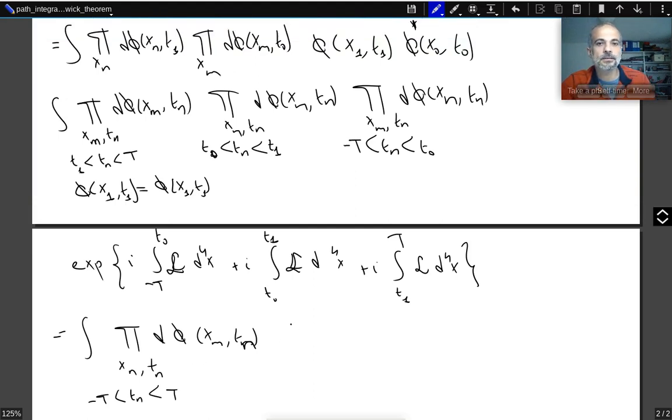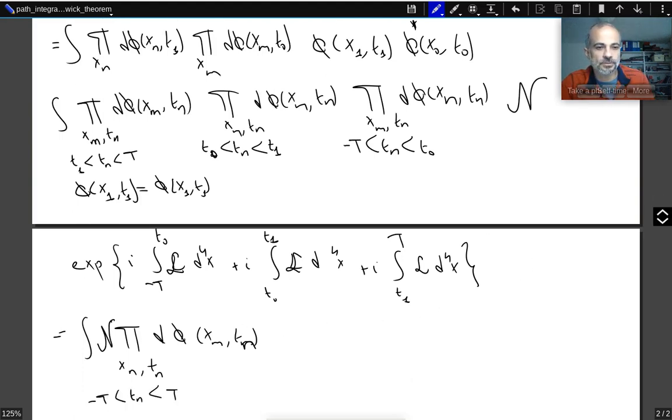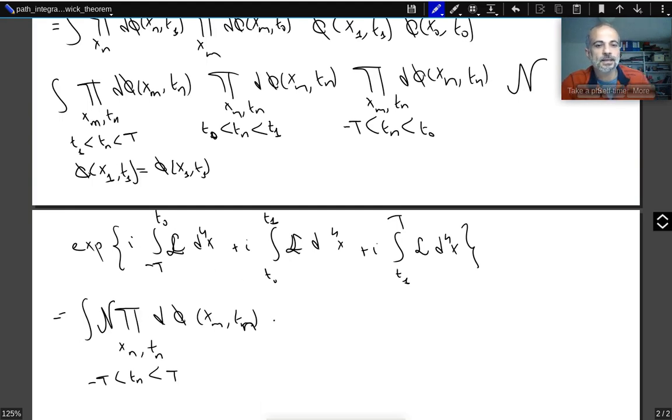And then, let me also write some normalization. There is also a normalization whose explicit form will not be important for us. And now we have the exponent i integral from minus T to T of the Lagrangian times d4x.